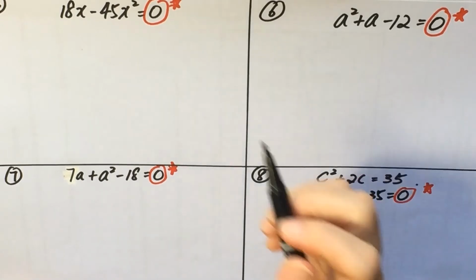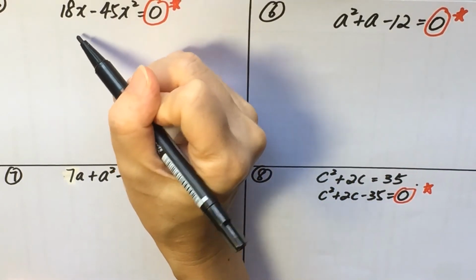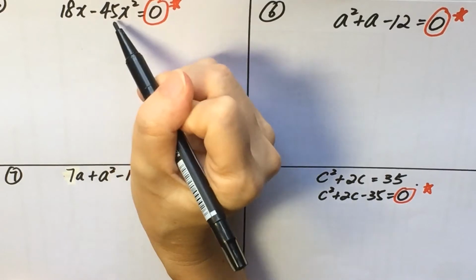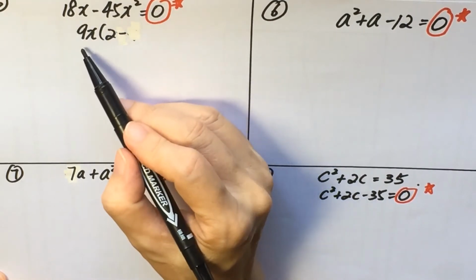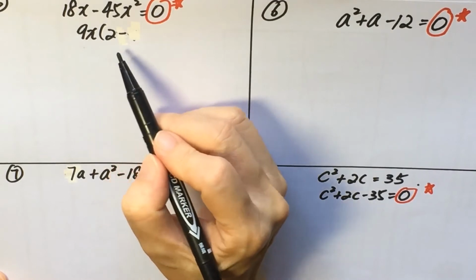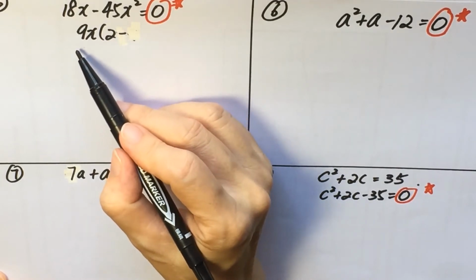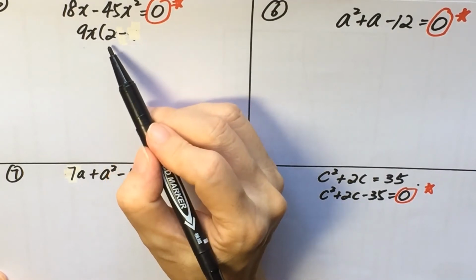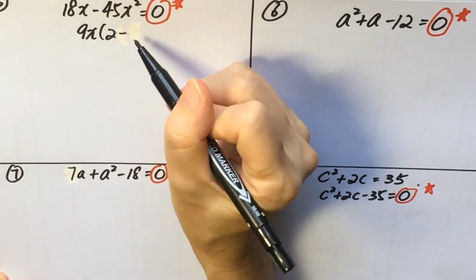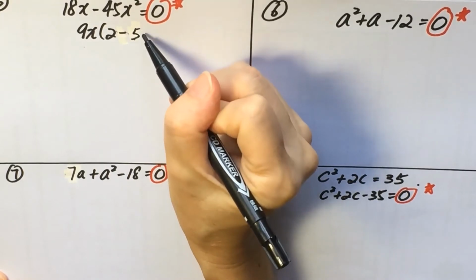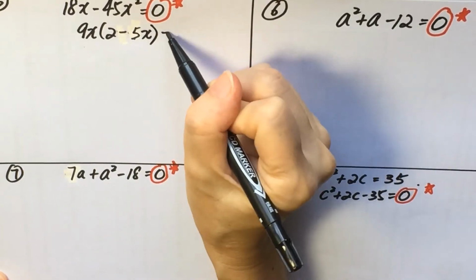Okay, so for the question 5, these 18 and 45 common factor is 9. x and x squared common factor is x. So 9x is a common factor. So when 9x is the common factor that's brought out, you are left with 2 times 9x is 18x. Okay, so 9x times 5x will be 45x squared.